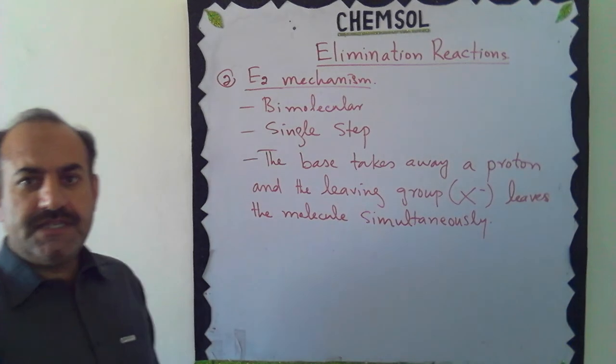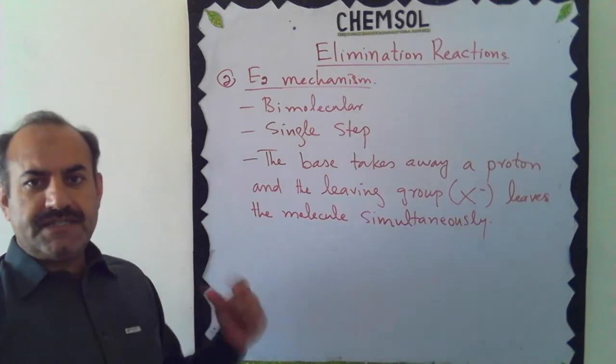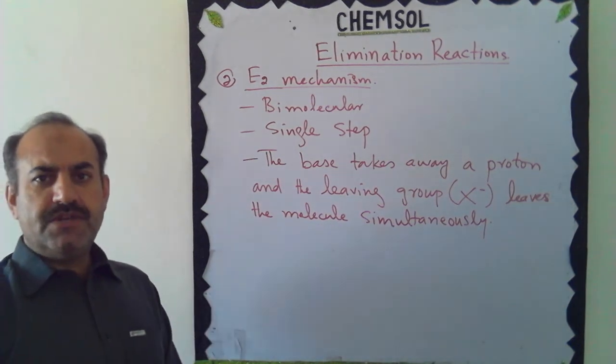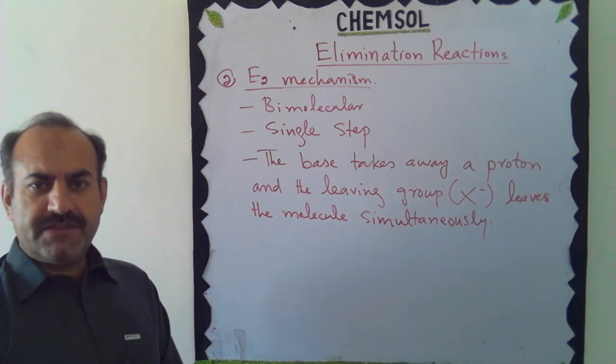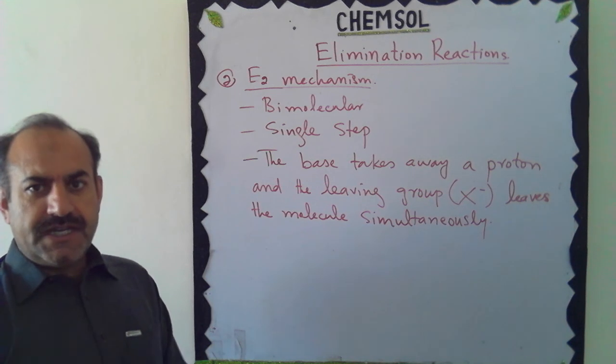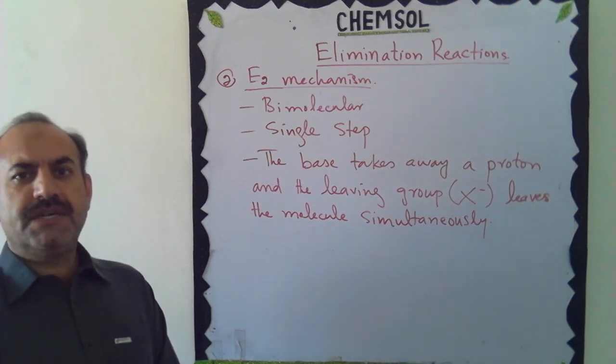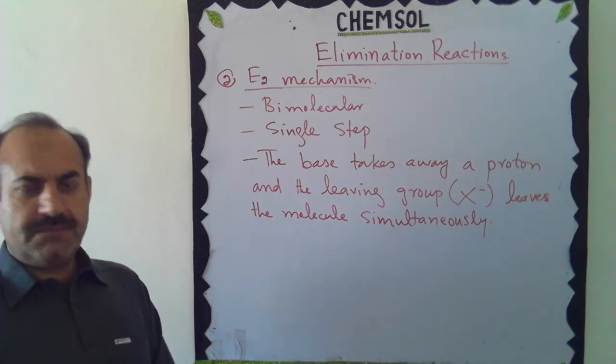Here we will see that the base is taking a proton from the molecule, and at the same time the leaving group is leaving the molecule, and this whole process will be completed in a single step.